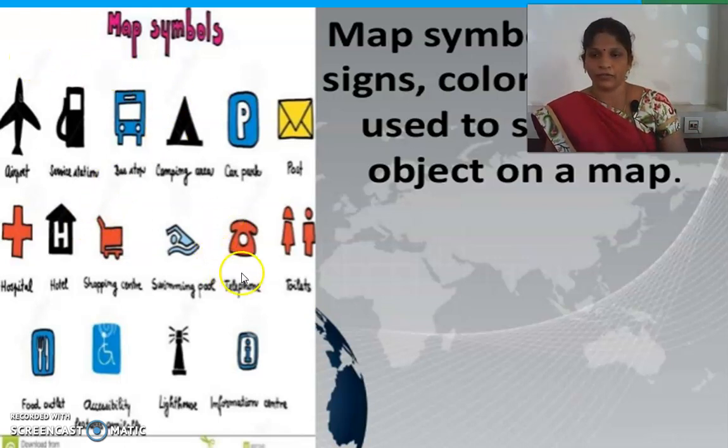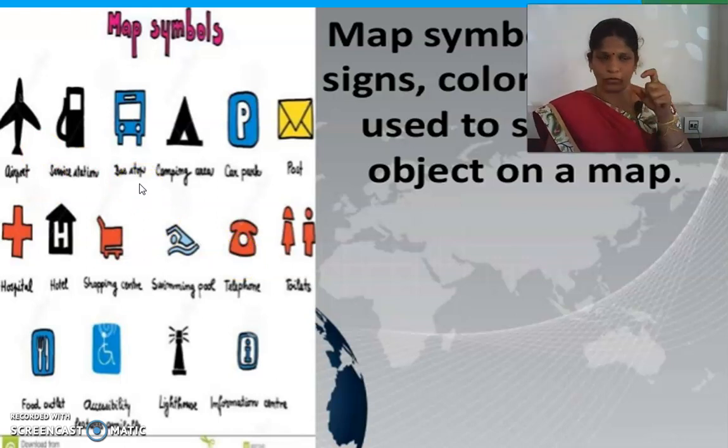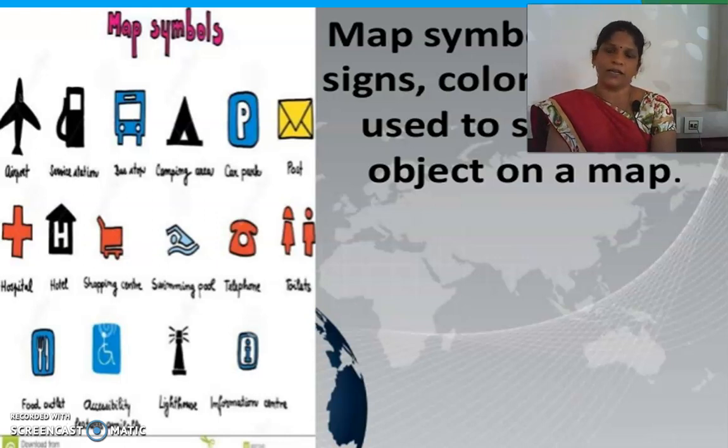Then toilets, telephone booth, swimming pool. These symbols tell us what the place is. It is not possible to write petrol bunk on the map; it is very tough to write and also very tough to read. Map symbols help the persons who do not know how to read and write. If they see the symbol, they understand what it says. So conventional symbols help us to read the map easily.